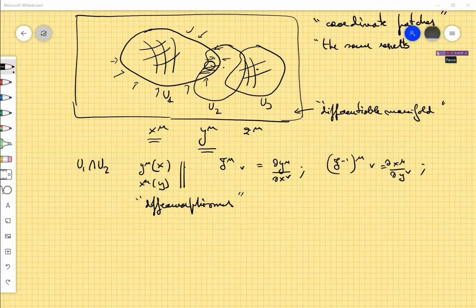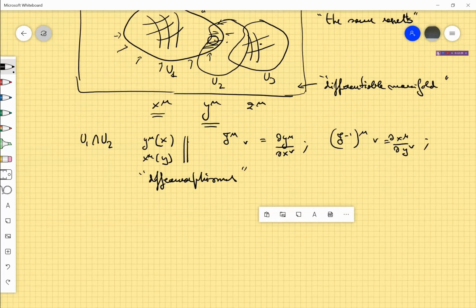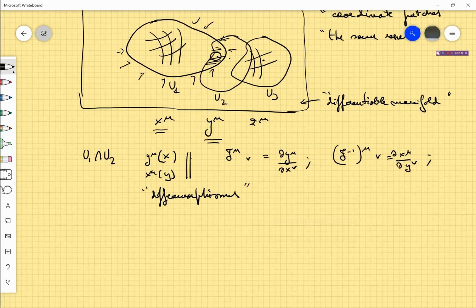Then, which kind of objects can we define in these geometrical spaces? There must be objects such that if I define them in one of these coordinate patches, and in particular in a region in which there is an overlap with another coordinate patch, I can consistently relate the values of these objects in U1 and U2.